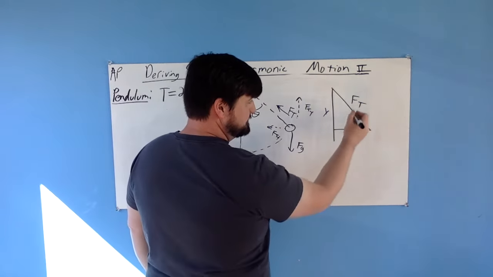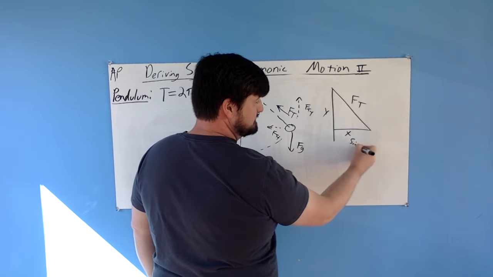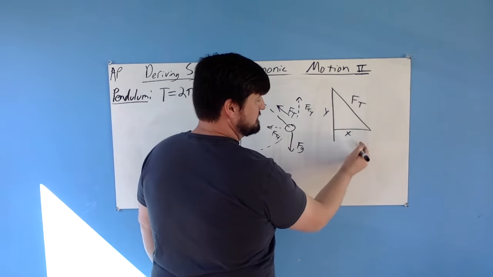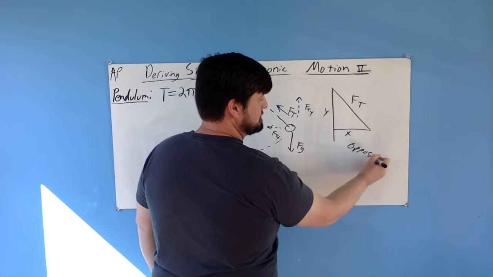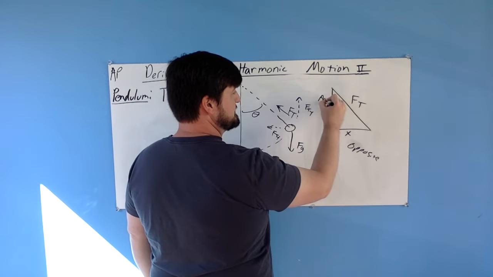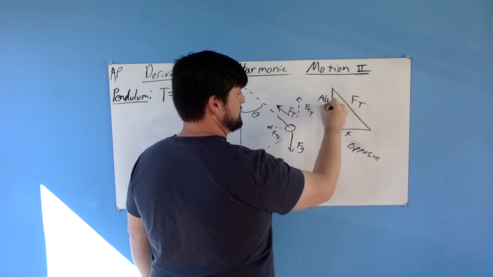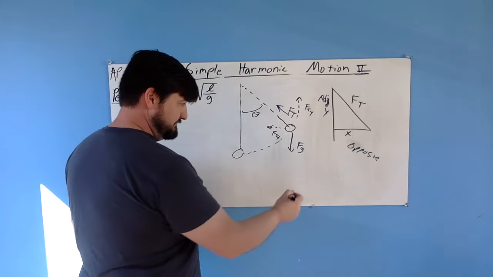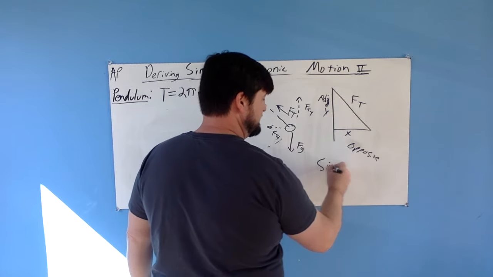So over here, this is going to be sine, okay? It's got something to do with sine. It's the opposite side. And this is our adjacent side, okay? So it's going to have something to do with cosine.